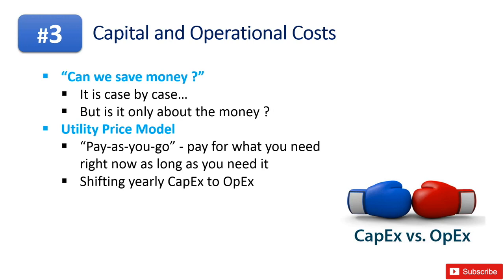Basically, we are shifting yearly capital expenses in IT infrastructure to monthly operational expenses. Many software as a service solutions being used by many organizations today are already based on that approach.